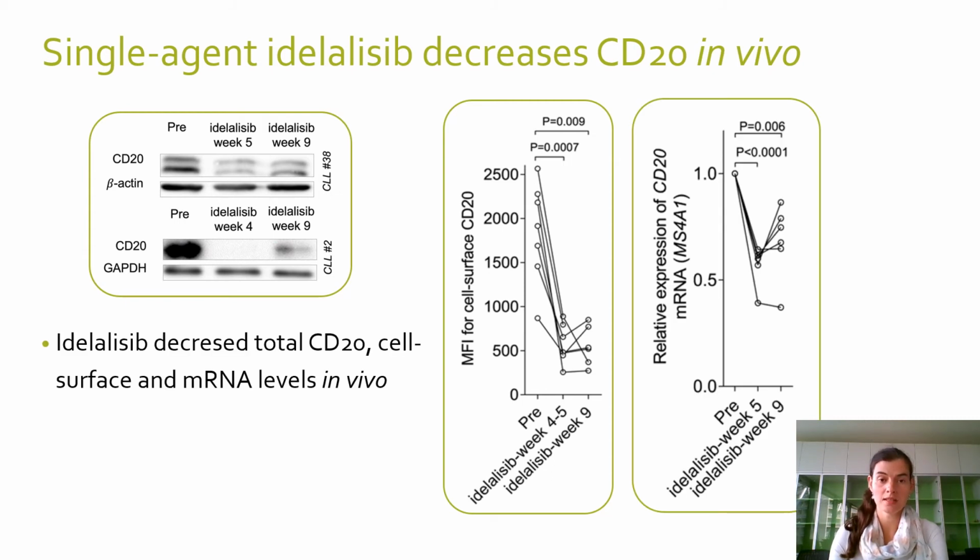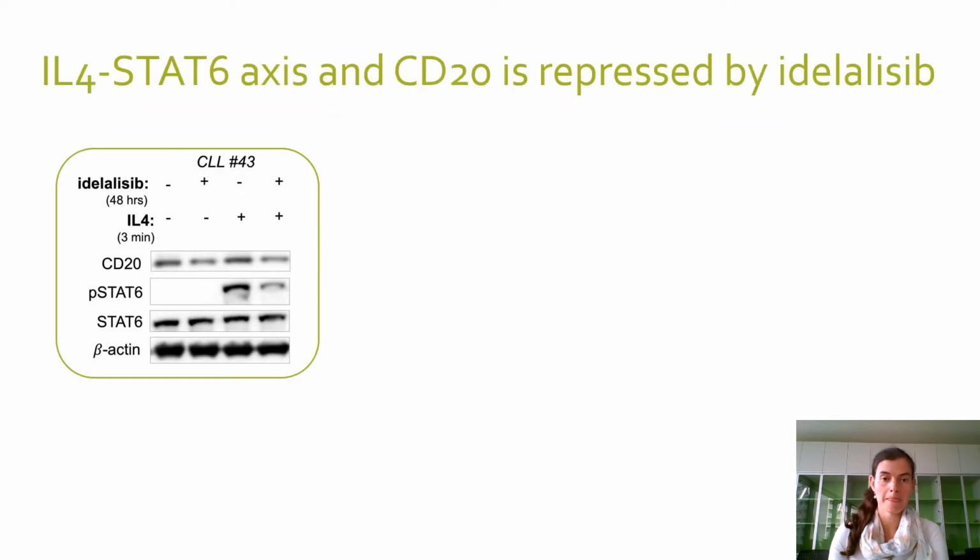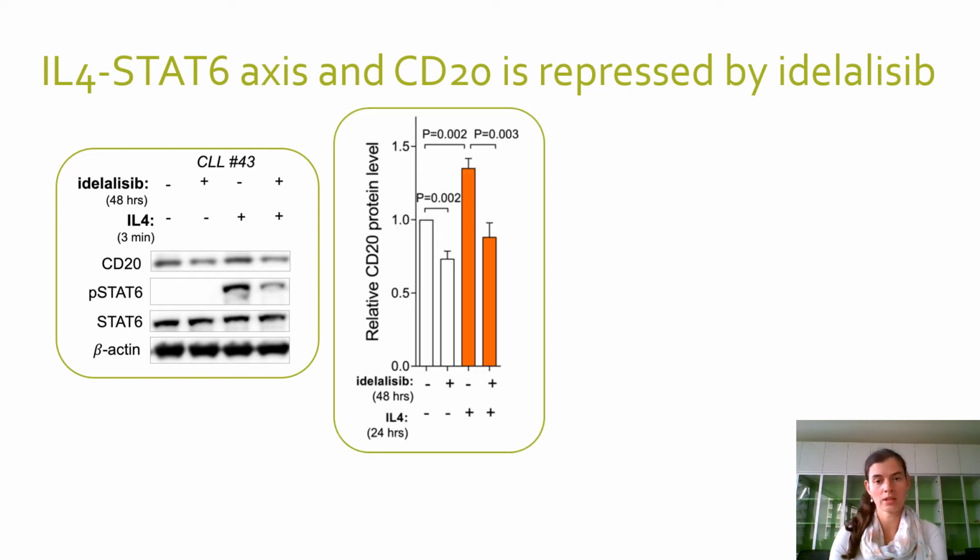Next, we tested if idelalisib interferes with IL-4 STAT6 dependent induction of CD20. And indeed, idelalisib treatment in vitro significantly impaired phosphorylation of STAT6 induced by IL-4, and also CD20 protein levels were decreased in samples which were pretreated with idelalisib.